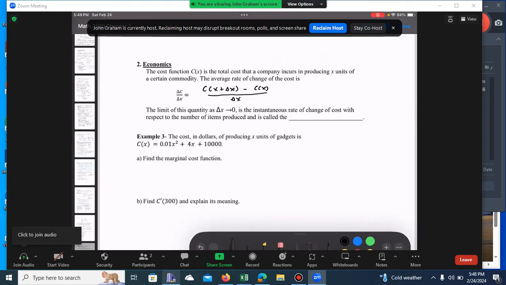The limit of this quantity as the change in x goes to 0 is the instantaneous rate of cost with respect to the number of items produced. We call this the marginal cost. This will be C prime of x.